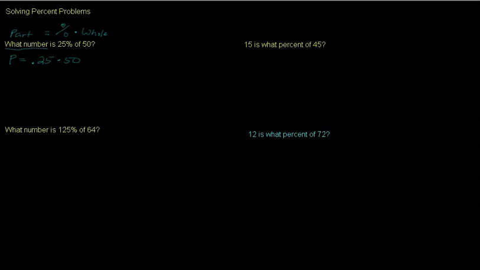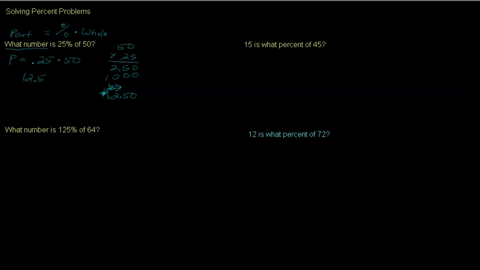So 50 times 0.25. We have two decimal places, so it's going to be 12 point, we're not talking about dollars, 12.5. That is your answer.